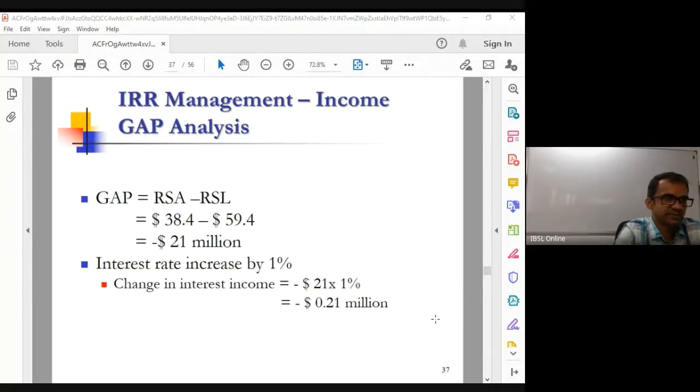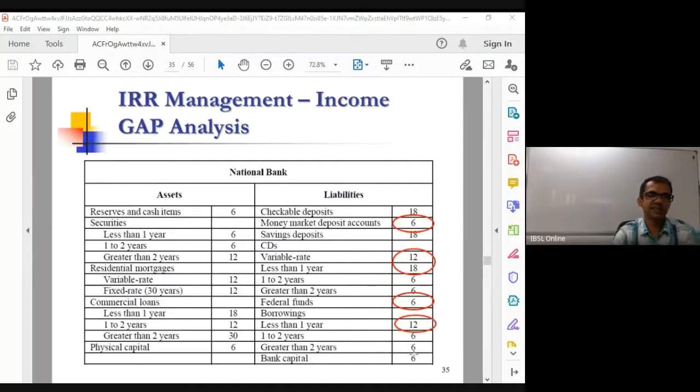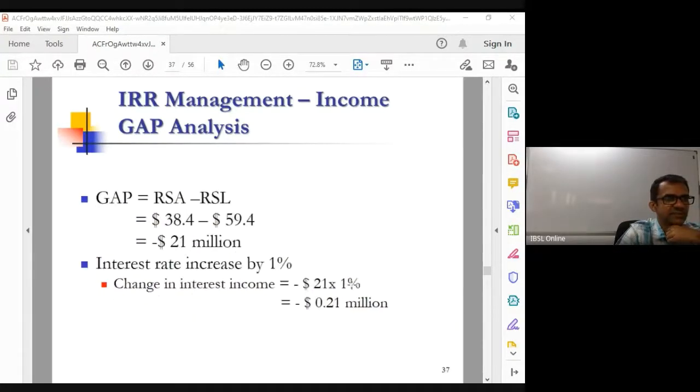Is it clear? So first you have to consider the rate sensitive assets and liabilities maturing within the time bucket that we consider, and any other possible inflows or outflows based on the nature of these products. Then calculate the gap, then make the assessment. If interest rate increased by 1%, what would be the impact on the net interest income?